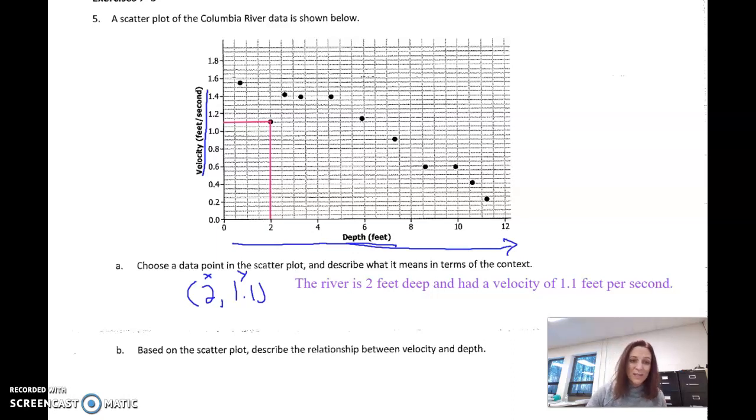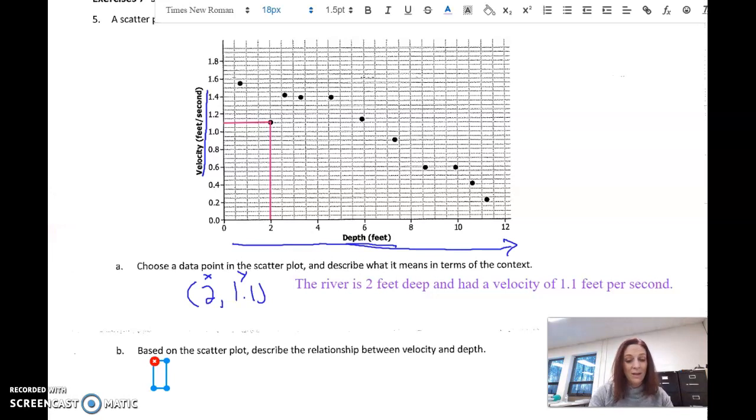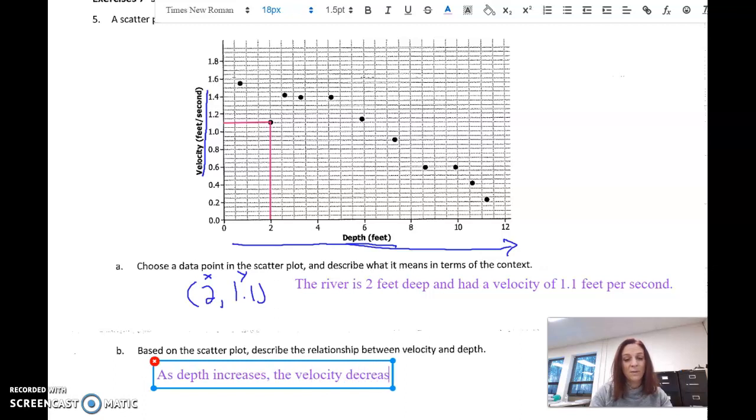So that's what we would say. Based on the scatter plot, as depth increases, the velocity decreases. And if you're ever not sure what to say, always start out with this part here, because we're always reading our graphs from left to right.